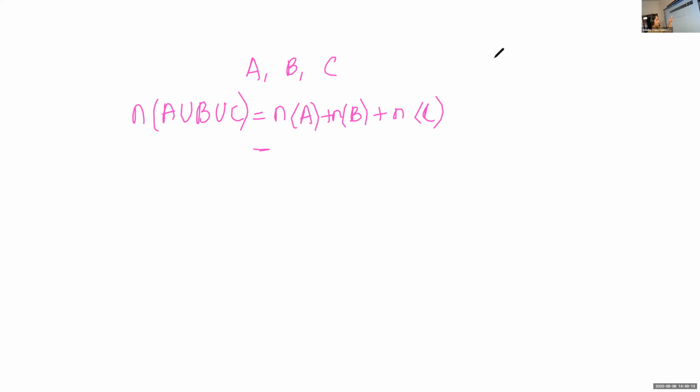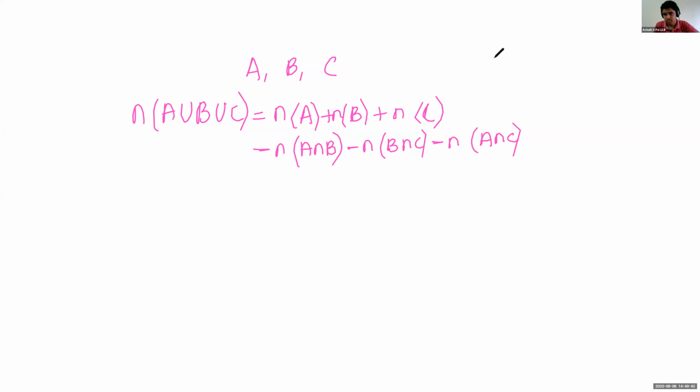It is the same as N of A plus N of B plus N of C minus N of A intersection B, which is all the elements common to A and B, that we have to subtract. Minus N of B intersection C. Okay, move in a cyclic order. A, B, B, C. The next is N of A intersection C.